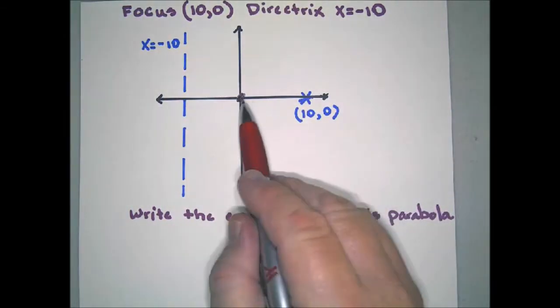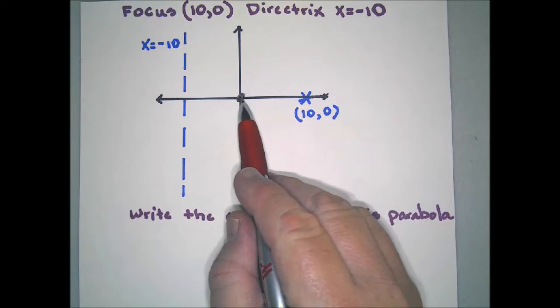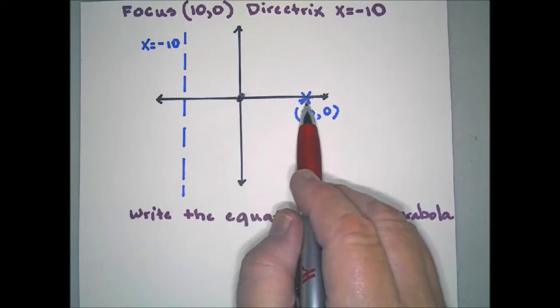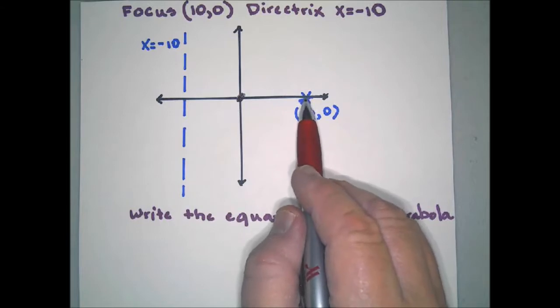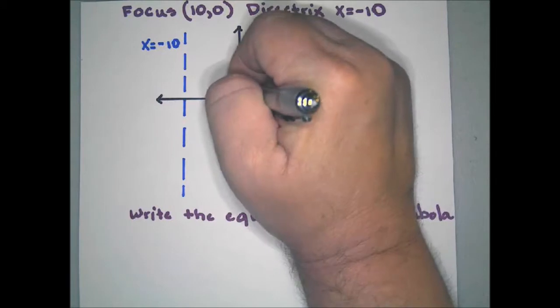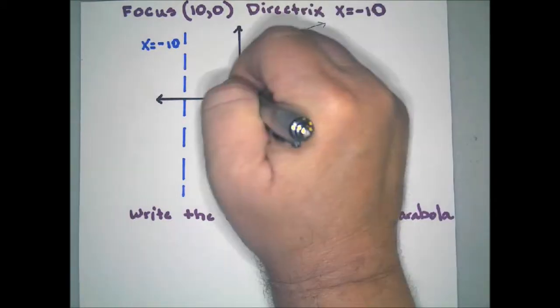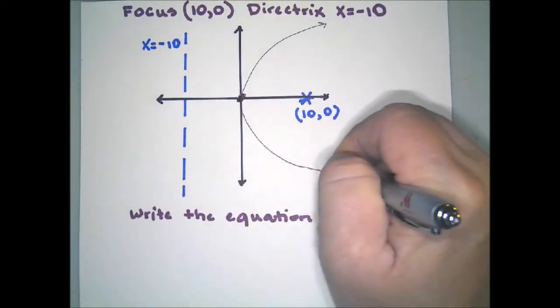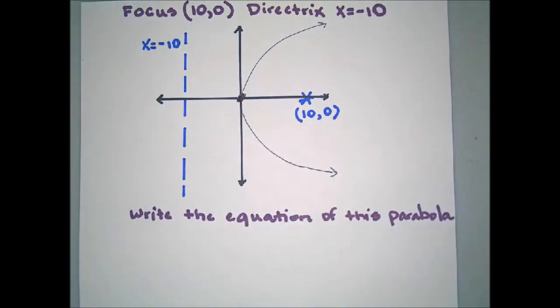And we also know the parabola opens to the right because the focal point, or the focus, is always on the inside of the parabola, in the opening of the parabola. So the parabola must look something like this. That's what the parabola looks like.